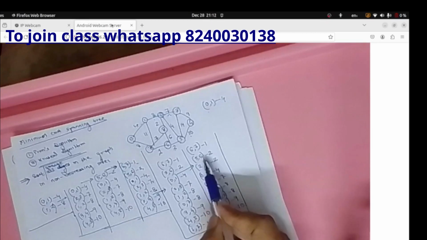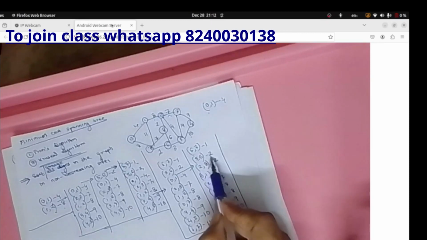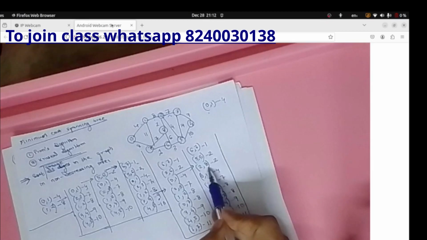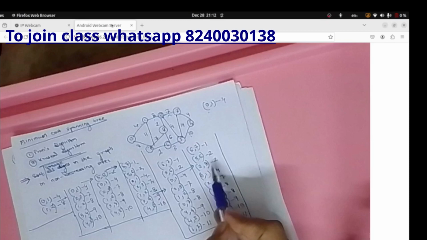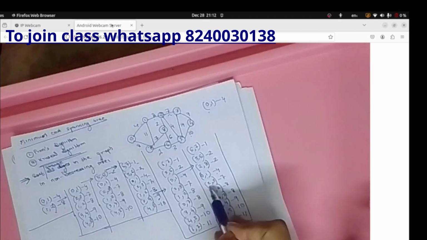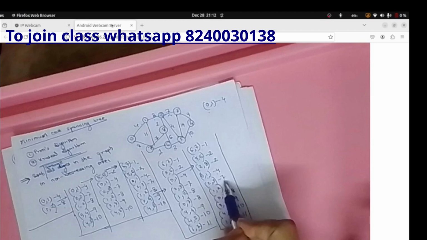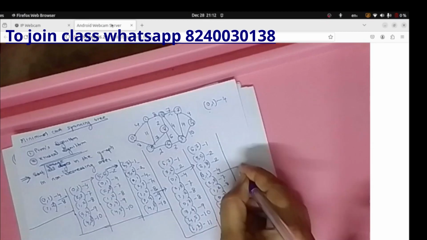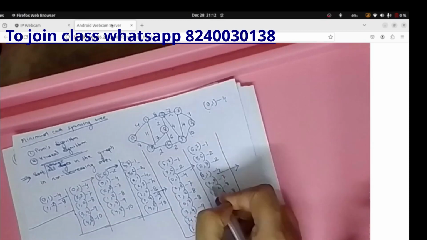Edge 5, 6 has weight 2, less than 4, so we'll go to the next stage. 2, 8 weight 2, so we'll go to the next stage. 0, 1 has weight 4, which is equal to this considered edge. The next stage is 2, 3, which has weight 7, greater than the current considered edge. So we will insert the current edge at this position, just before the edge 2, 3.